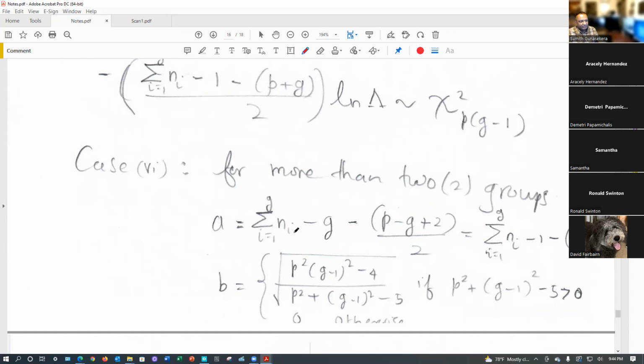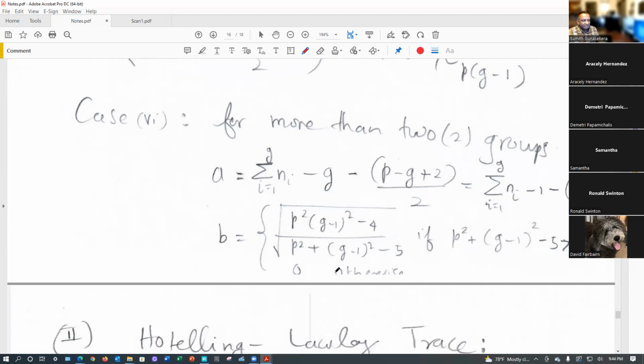Here, total means capital N, as I said earlier; you can put capital N to say the total observations, or write it in this fancy way, or any way convenient to you. This is the number of groups. P is the number of variables for each group. Instead of this one, you can write it this way. You simplify this, put that G into this parenthesis, combining these two. And B is this much.